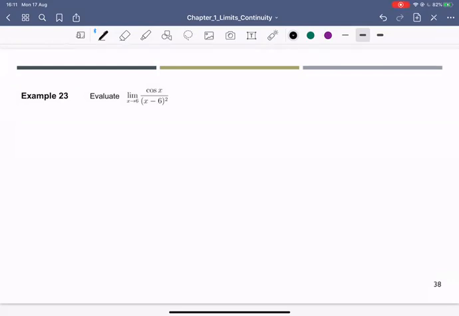But it does not work. Some of you may try to use the squeeze theorem, so let me try. Does it work for the squeeze theorem? And then you take the limit.